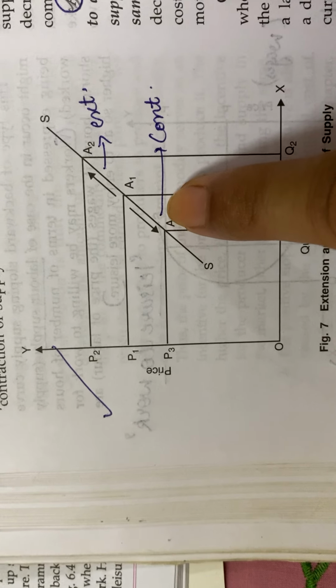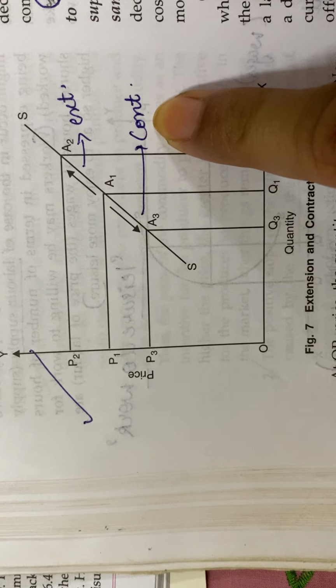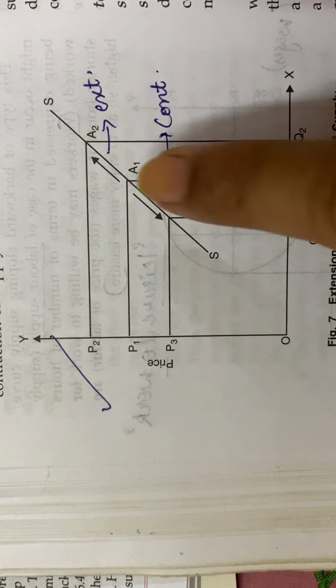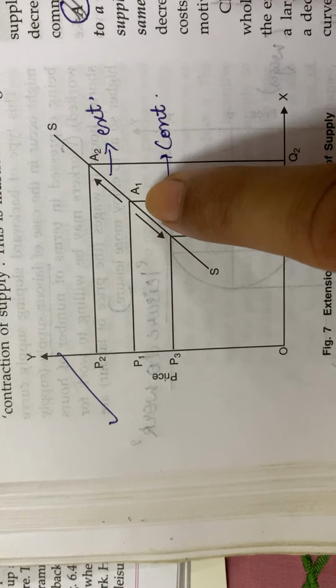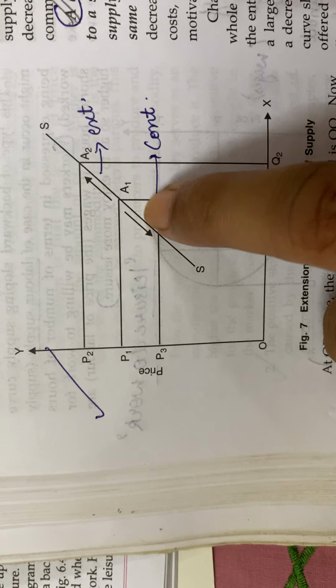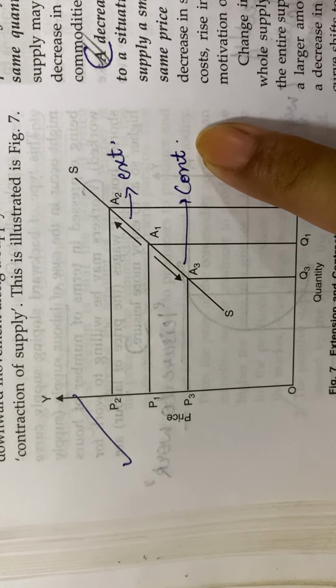So this part of the curve, this side arrow, it is called contraction. If the curve is moving in the upward direction, it is extension. If it is in the downward direction, it is called contraction.